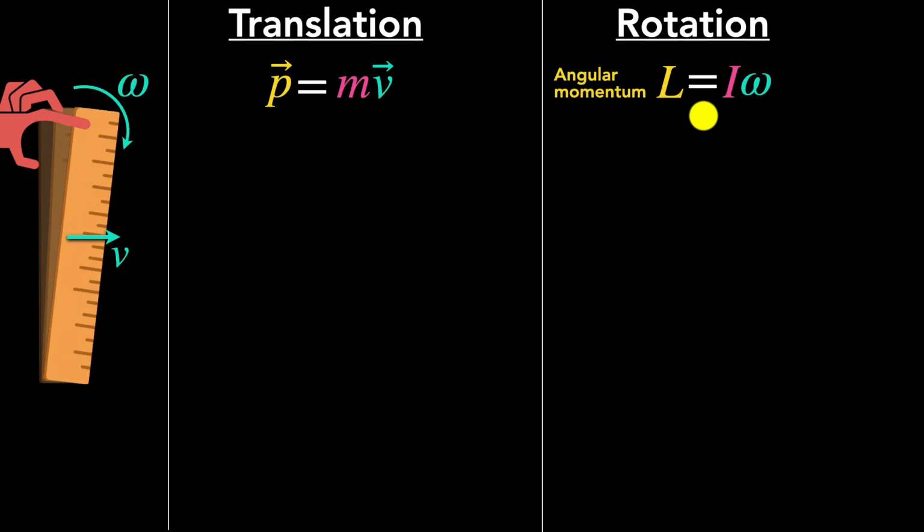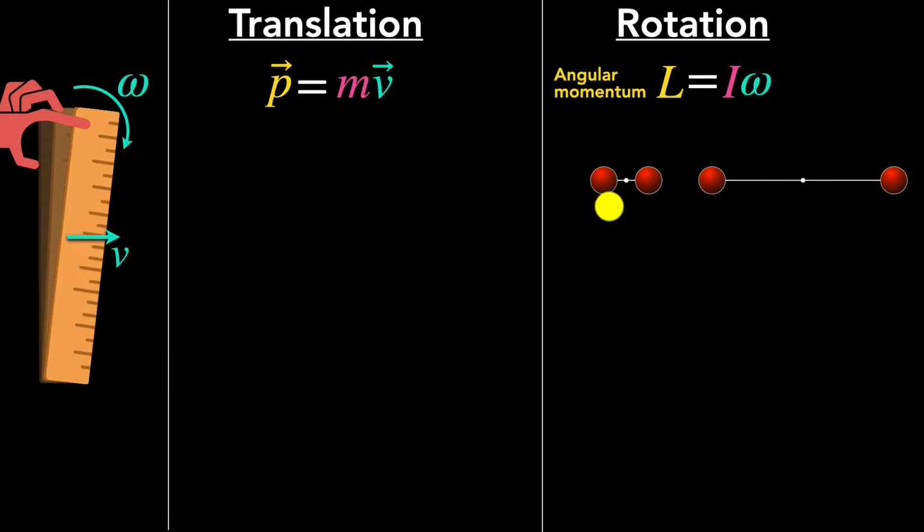If an object starts spinning faster, well, it has more rotational motion, so it makes sense to say that it has more angular momentum. But the expression also tells us if you increase the rotational inertia, that too increases the angular momentum. Does that make sense? This is a little subtle. How do you increase the rotational inertia? Remember, rotational inertia is a measure of how a mass is distributed, right?